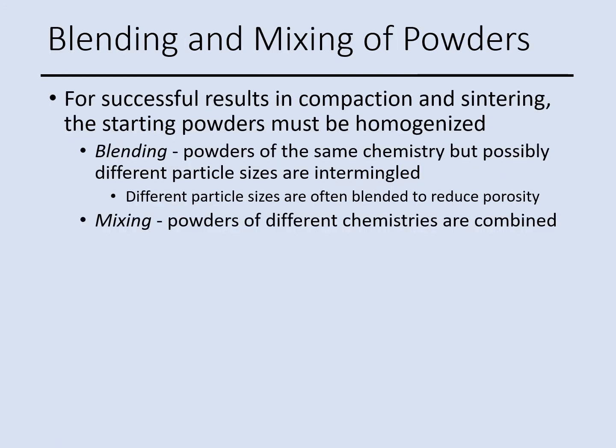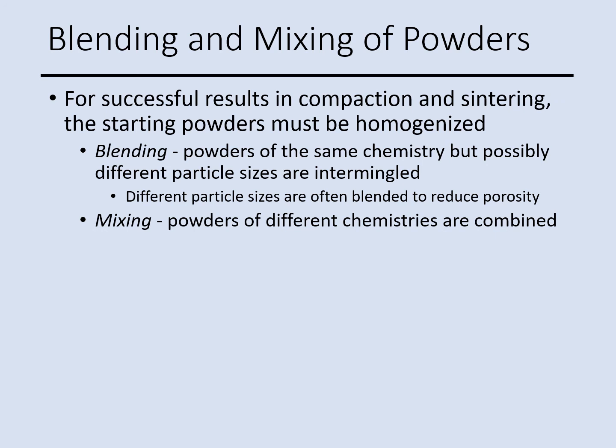In the first step, we can have blending. Also, we can have mixing of the powders. If we want a successful result in the compaction and sintering steps, the powder must be homogenized, and this can be done by blending. Powders of the same chemistry should be intermingled.